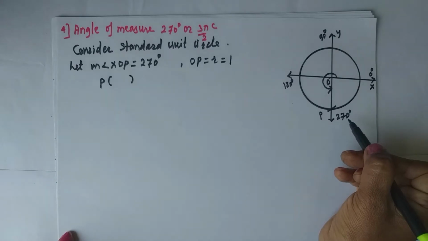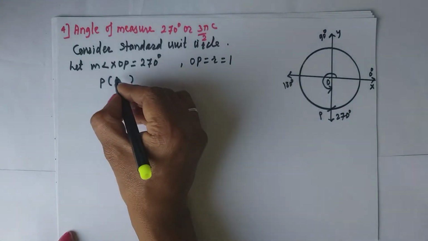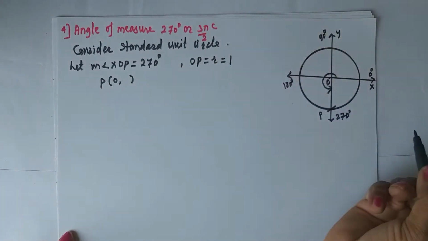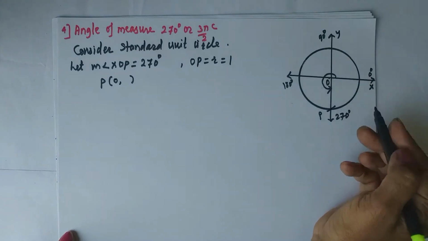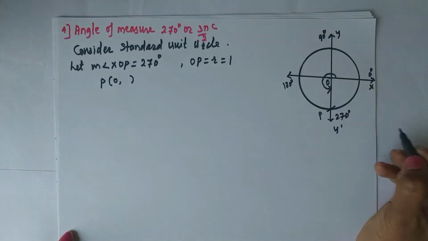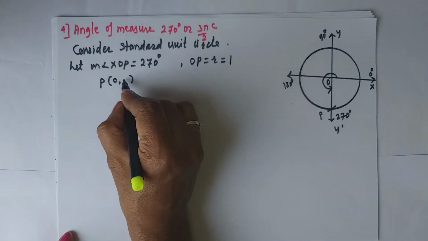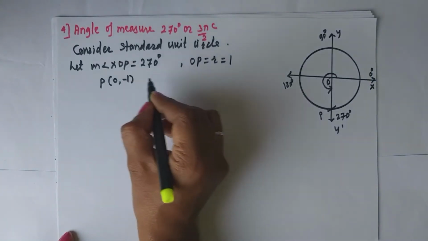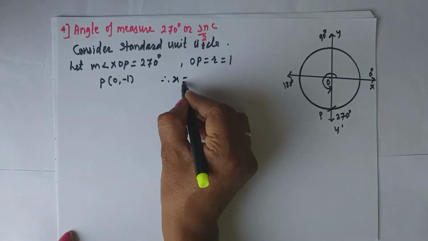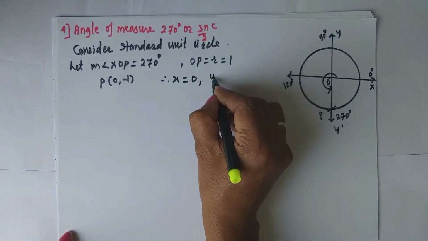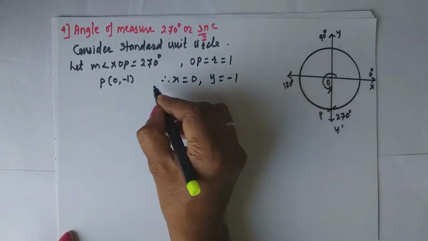Okay. What will be the coordinates of P? P lies on the y-axis, therefore its x coordinate is 0. And this is the negative direction of the y-axis. This is y dash, the negative direction of the y-axis. Therefore, the value of the y coordinate will be minus 1. Therefore, here we get the value of x 0 and the value of y minus 1.